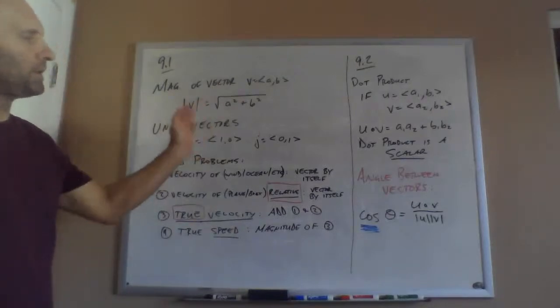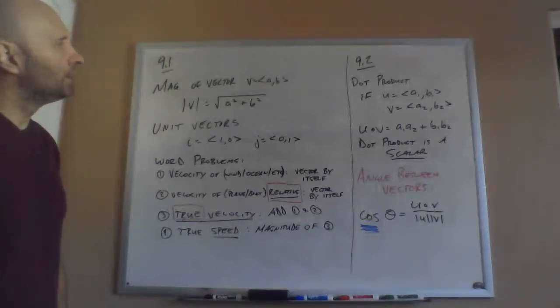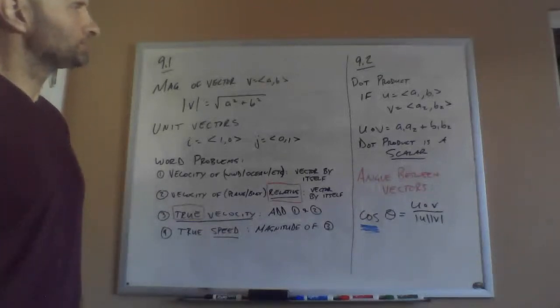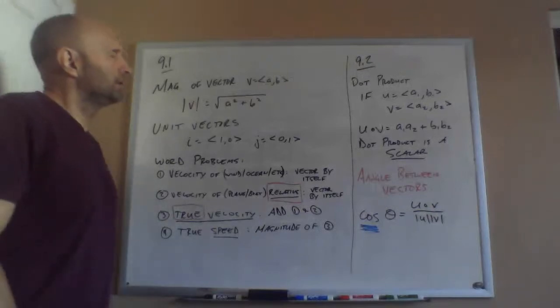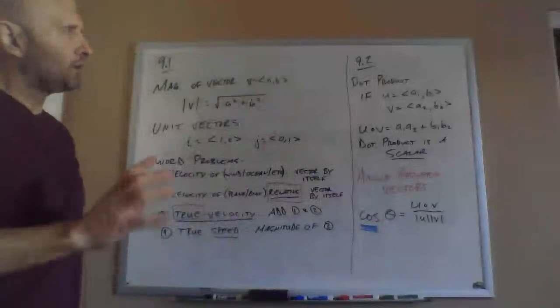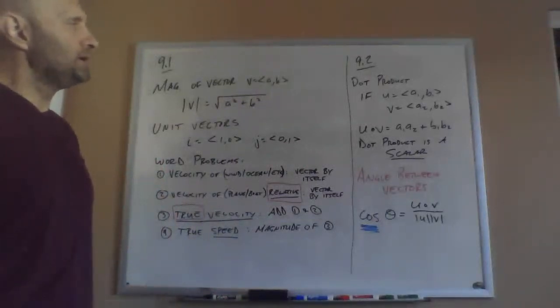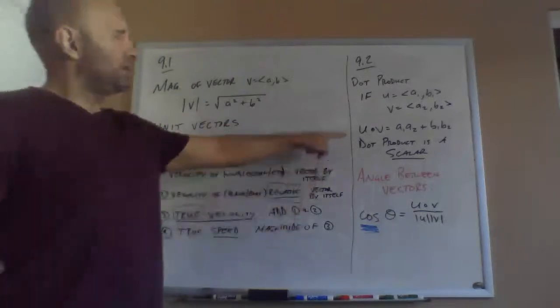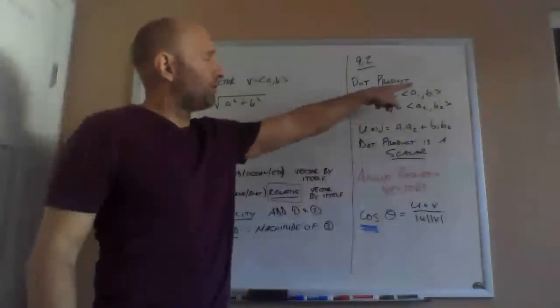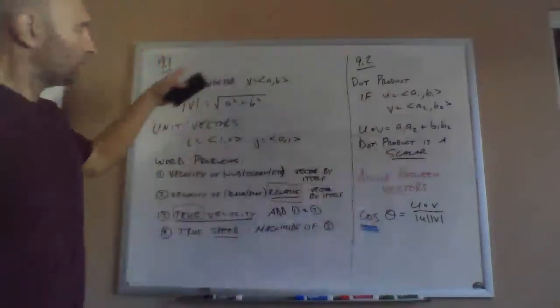So I put both of them on the board today because I want to address them both at the start here. So 9.2 is dot product. If I have some vector u is a1, b1, and a vector v is a2, b2, then the dot product is a1, the first component. So actually, is everybody done with 9.1?